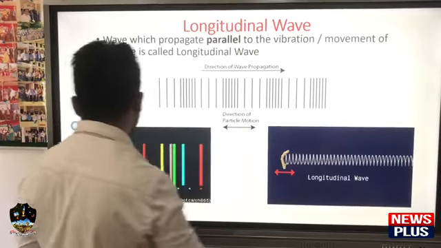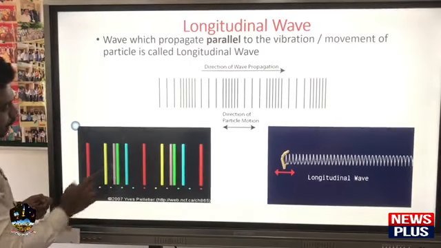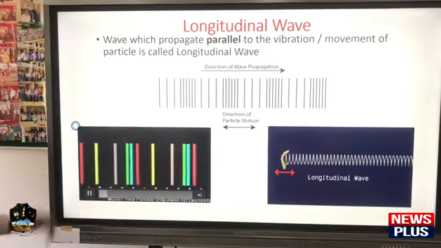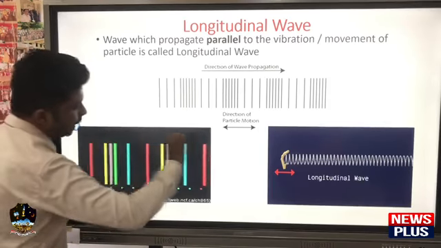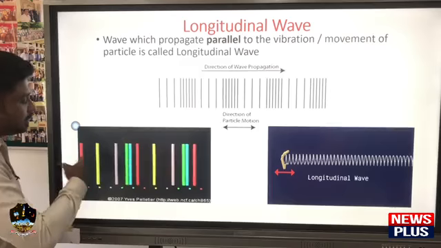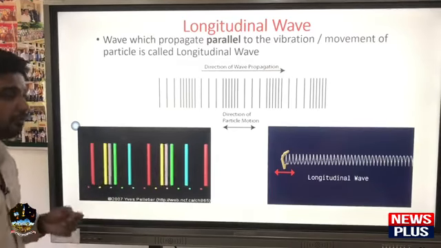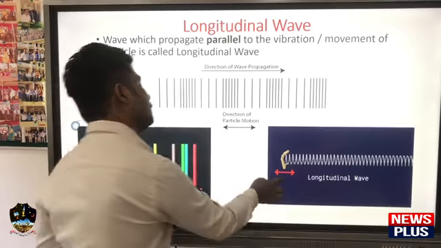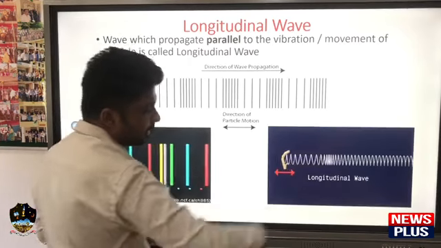Let's look at how the particles are moving. See this one, these particles are moving like this. The wave moves this way and the particles move parallel to the wave direction. Here is another example, a slinky.